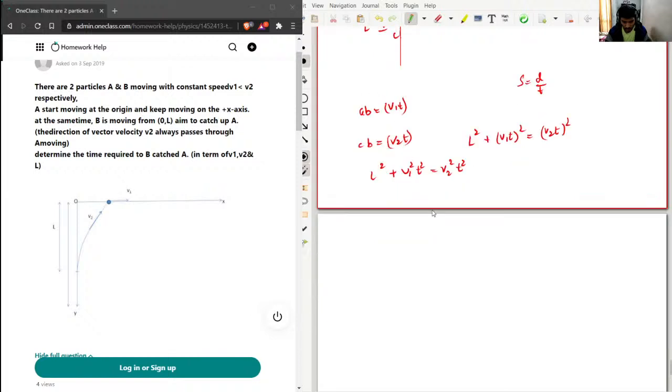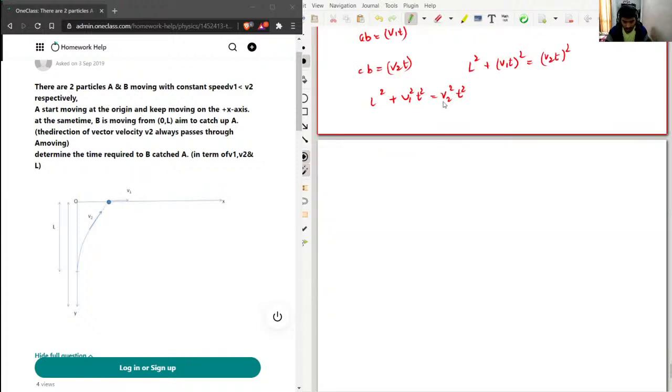Now I am going to solve this equation for t. I'll go stepwise.